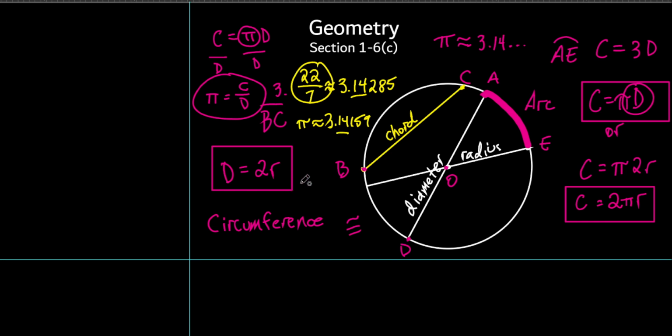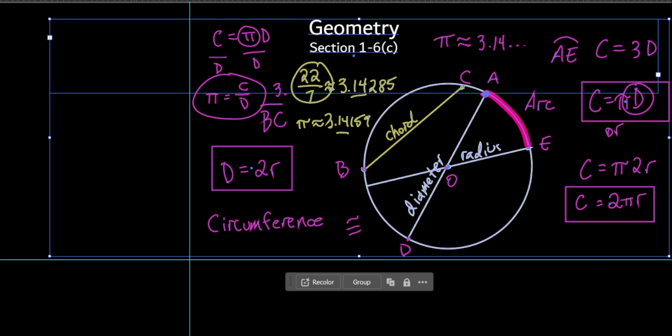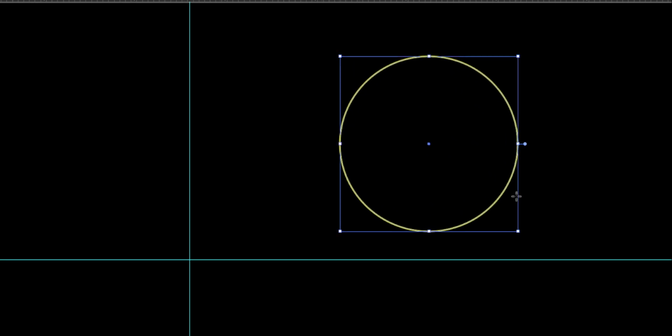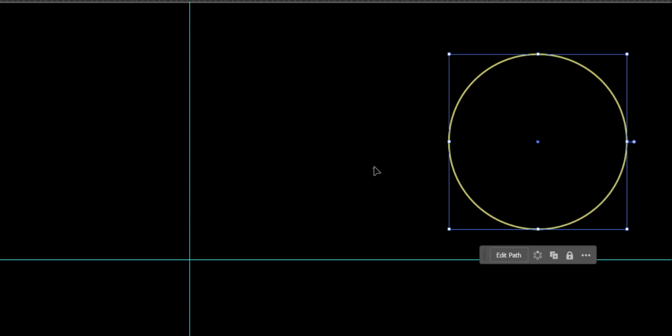And then we'll be done. Let me get rid of all of this. And let's put a circle in here. This is the kind of stuff that they're going to ask you on your homeworks in this section.